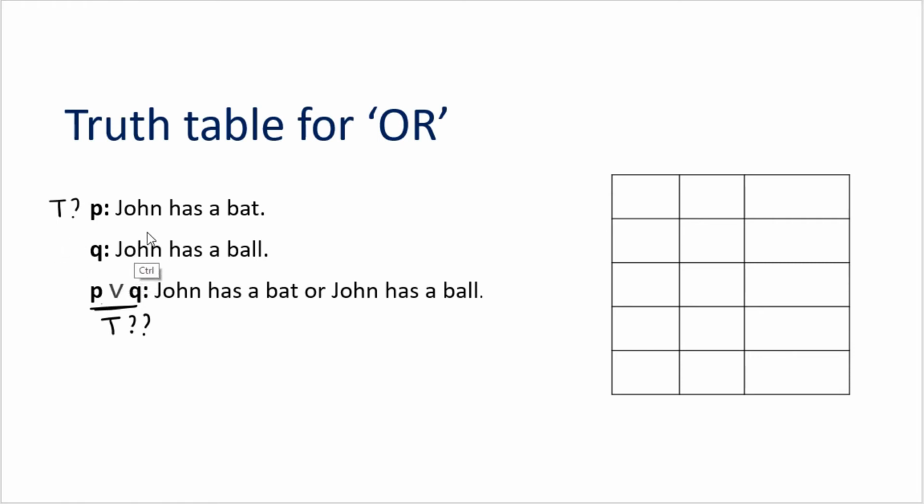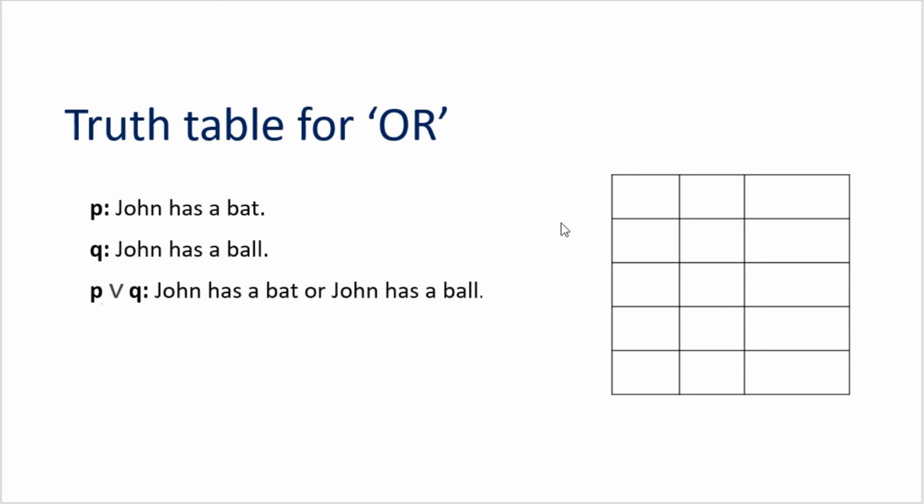So the truth values of P and Q will determine the truth value of the statement P or Q. In the truth table we shall construct all the possible true and false combinations of P and Q and we shall calculate the truth value of P or Q.